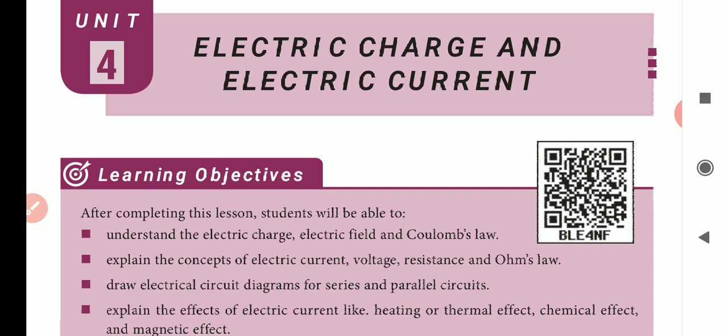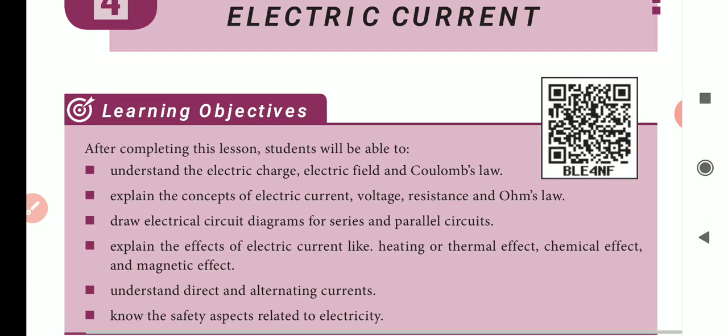Learning objectives: understand the electric charge, electric field and Coulomb's law. Explain the concepts of electric current, voltage, resistance and Ohm's law. Draw electrical circuit diagrams for series and parallel circuits.